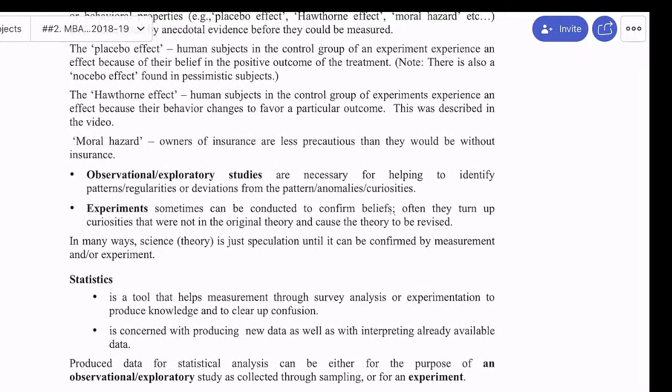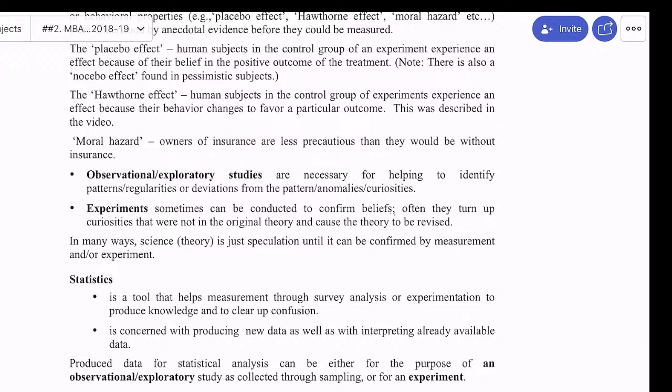So you learned about observational studies and experimental studies, where by observation, ideas or hypotheses could be formed, suggesting that certain relationships exist between variables.